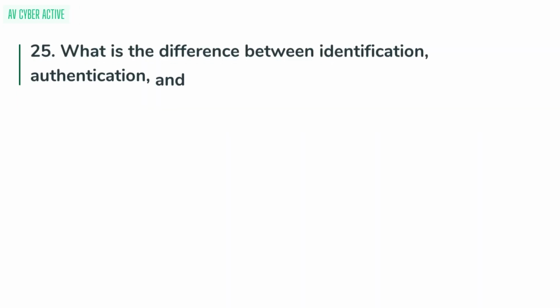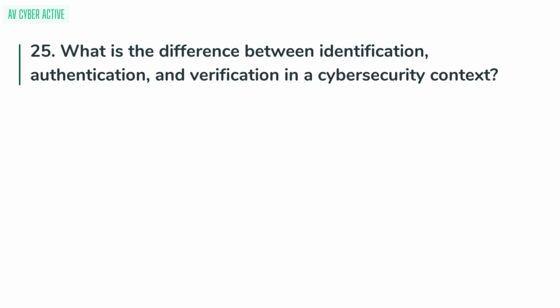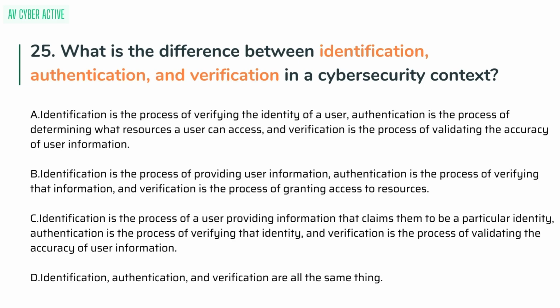25. What is the difference between identification, authentication, and verification in a cybersecurity context? A. Identification is the process of verifying the identity of a user. Authentication is the process of determining what resources a user can access, and verification is the process of validating the accuracy of user information. B. Identification is the process of providing user information.